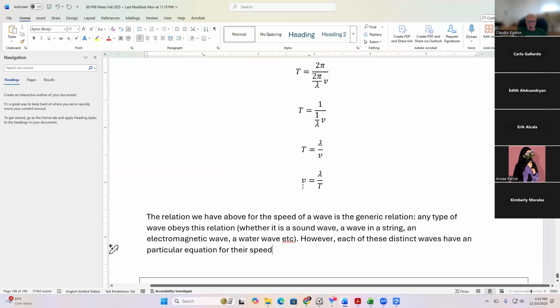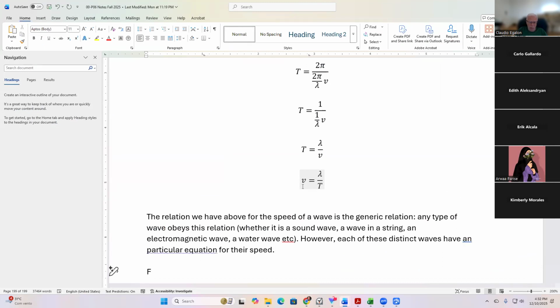For instance, the speed of the wave in a string is given by the following equation.